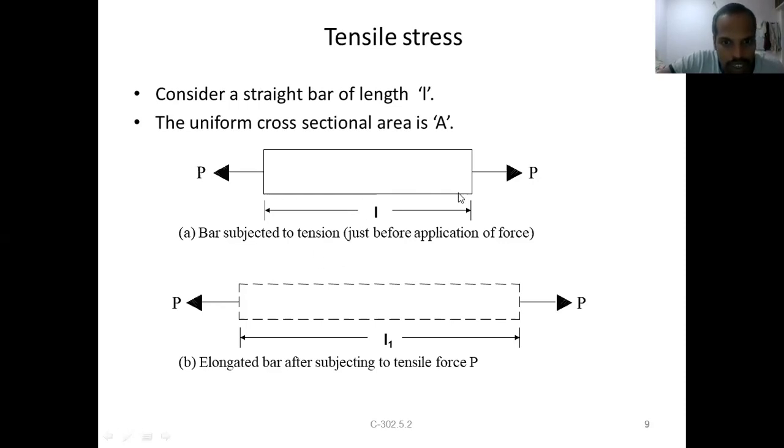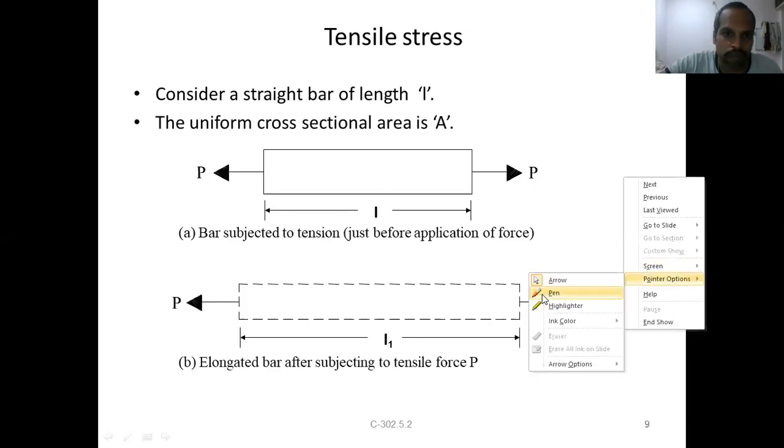You see here L, and in this case the length is L1. What happened? Because of this pull or tension, you are stretching the body. It elongates due to tensile force, or tension. So the body elongated, the length is increased.